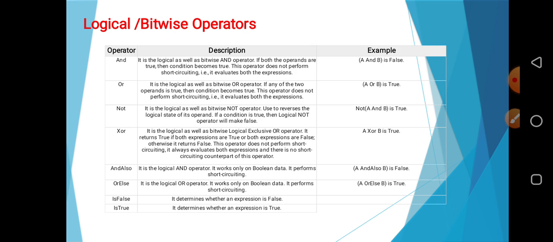That means I am checking the first condition as well as the second condition simultaneously. At that time I am using the AND operator. If I want to check that either condition is true, I am going to use OR, and if we want to perform the negation operation, we are going to use the NOT operator. Similarly, we have XOR as well. These are all the logical and bitwise operators.